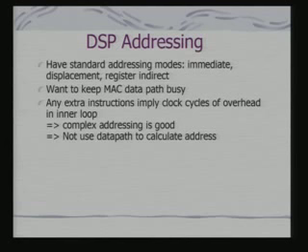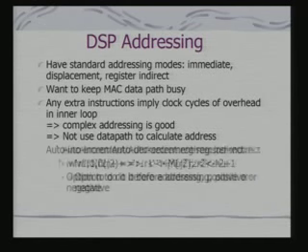You can use complex addressing modes, but for complex addressing modes the basic tendency is not to use the data path. The data path is primarily targeted for data manipulation, and address manipulation can be done through auxiliary computation units. This is a basic motivation in designing the hardware for implementation of addressing modes.